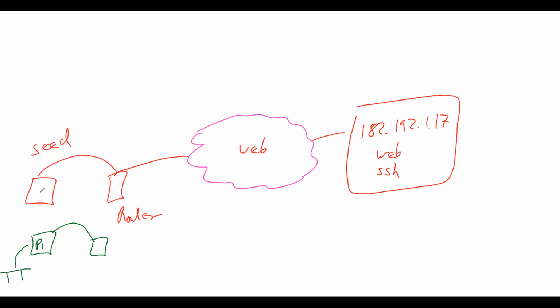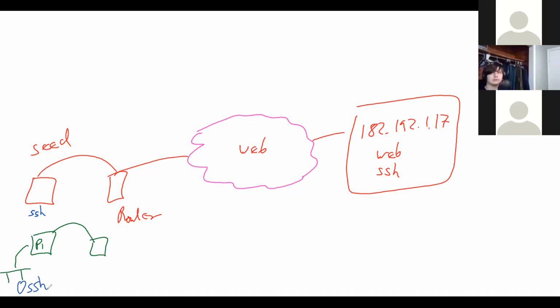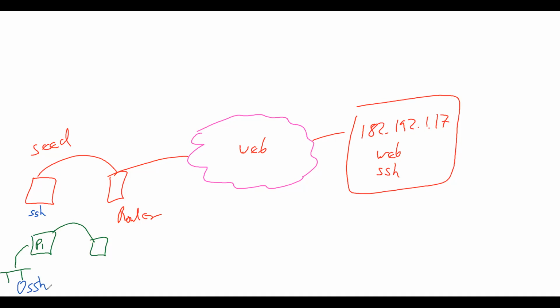If I do, for instance, I can SSH from that device, or I can SSH from that device, right? One would indicate that you are SSHing from another network on the other side. So this would assume this is the Pi, so it's got two network interfaces. It's acting as a router, right?